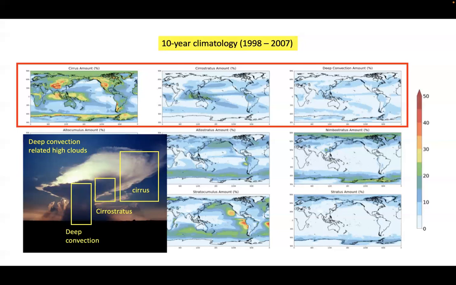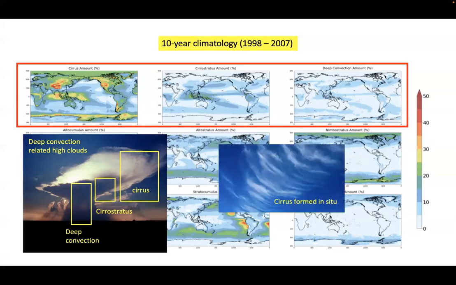If convective storms are just like this, you would probably see them go side by side in the pattern everywhere. That's almost the case for the tropics: deep convection, cirrostratus, and cirrus go together. In mid-latitudes, there might be some differences, because mid-latitude cirrus is often curly shaped and generated in situ by itself, so it may have nothing to do with convection.